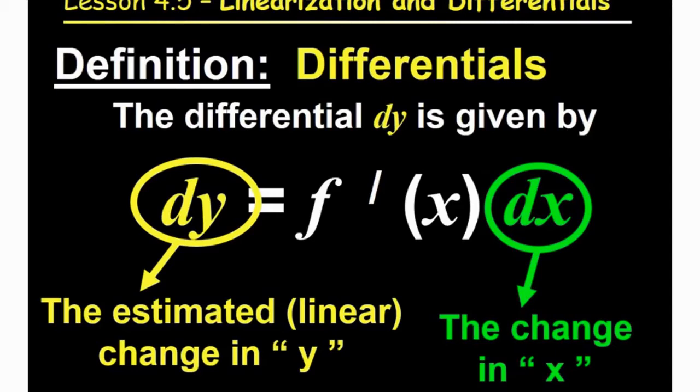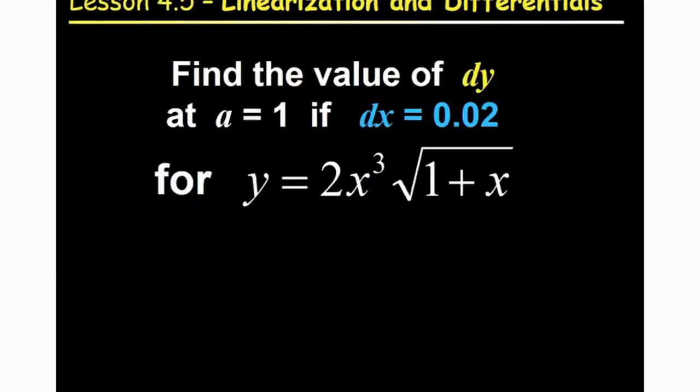What do we do with this? Well, quite simply, we use this formula to find, that's right, the estimated change in y. And then we often will compare it with the actual change in y. Sounds like a lot of mishmash. Well, let's work it out with an example.